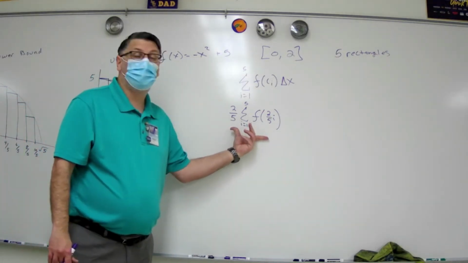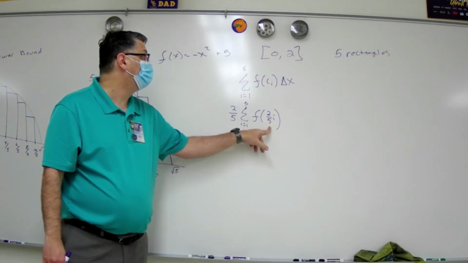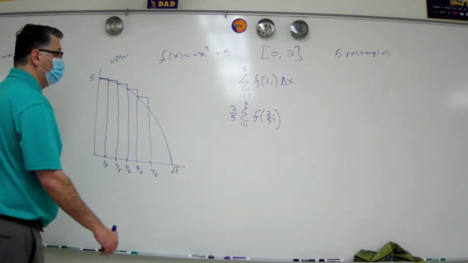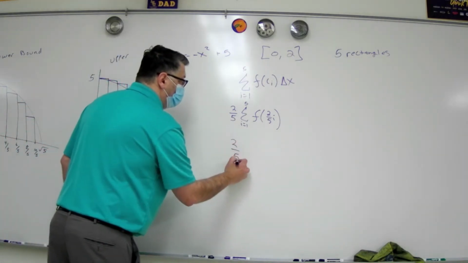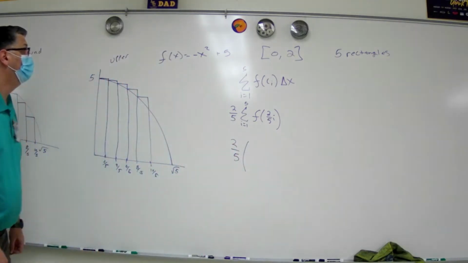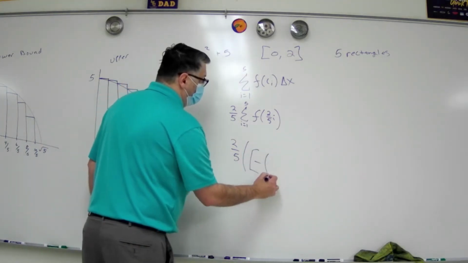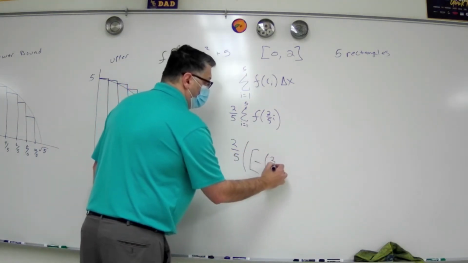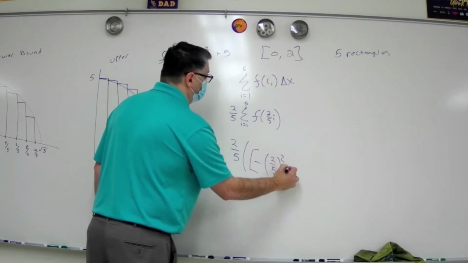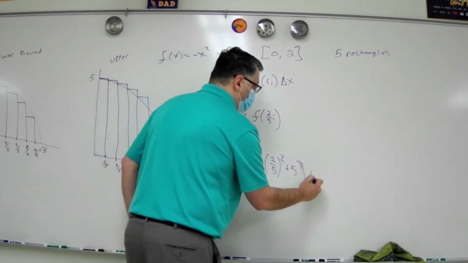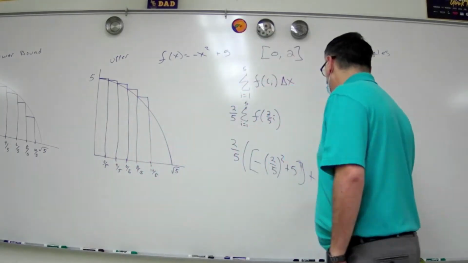So from here, we just plug this in. Once I put my I in, this really is just going to be 2/5 times negative 2/5 squared plus 5, plus, what will be my next one?